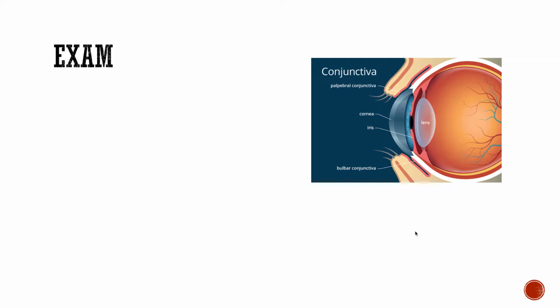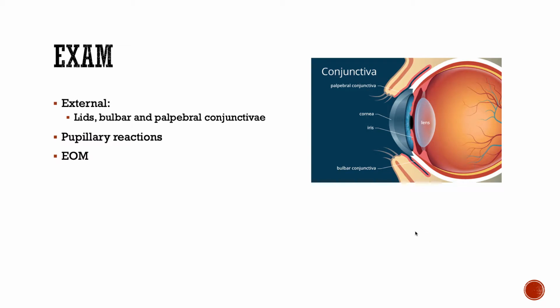In addition to your external exam, you also want to look at the lids on the inside surface, looking at the conjunctiva behind the eyelid and overlying the front of the eye. That means the palpebral conjunctiva, which is just under the eyelid, as well as the bulbar conjunctiva, which overlies the scleral surface.